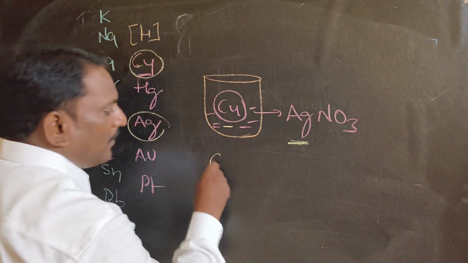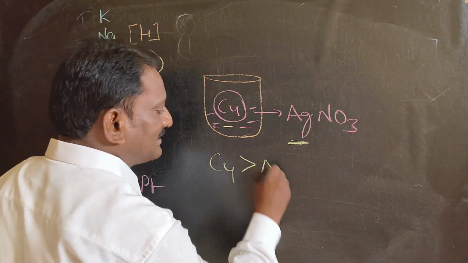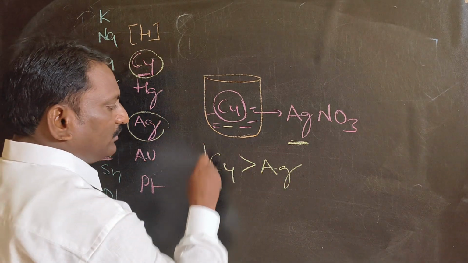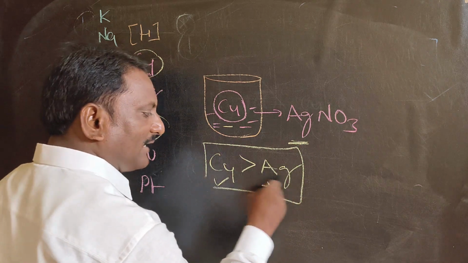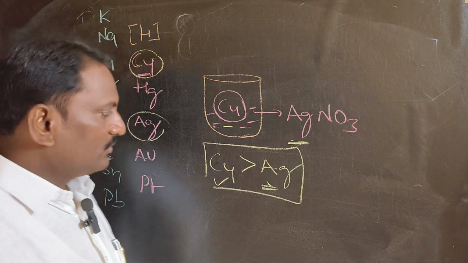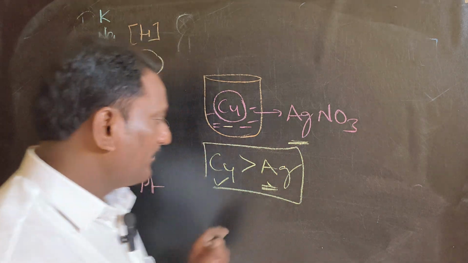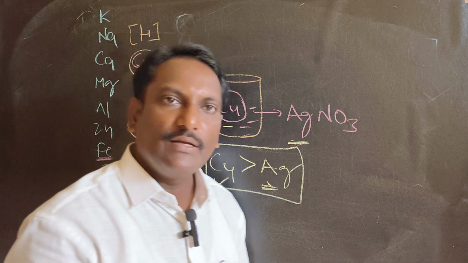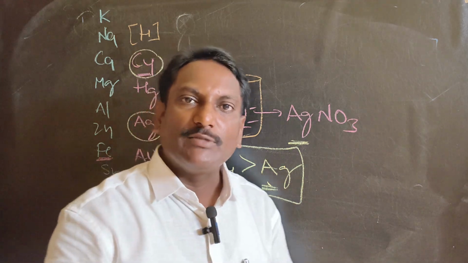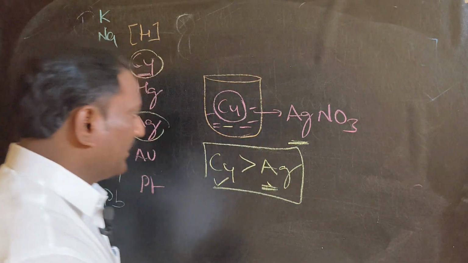That means copper is more reactive than silver. So the conditions apply. Copper is more reactive than silver, so that's why silver is replaced by copper. Let me write the equation.